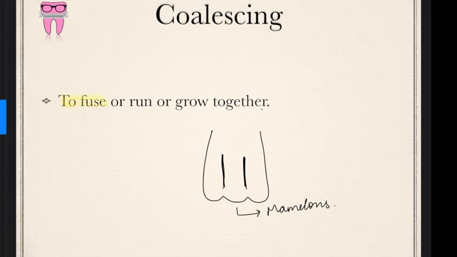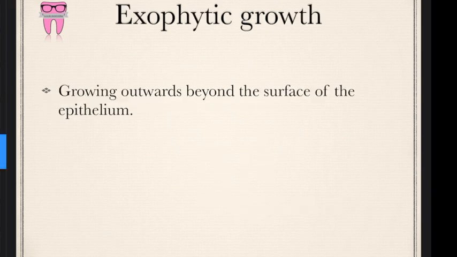Next term we are going to study is exophytic growth. Exo means out. Phytic is the area or place where it is present. Okay? Growth. It's a growth which is present outwards. So with this we got to know that it is a growth which is present outward. So let's see its definition. Exophytic growth means growing outwards beyond the surface of the epithelium.